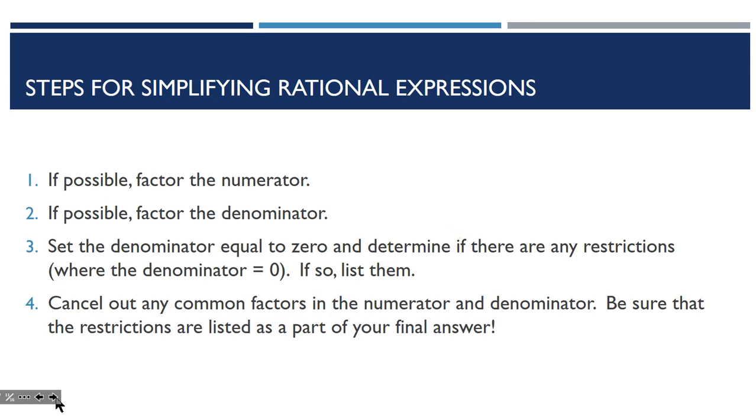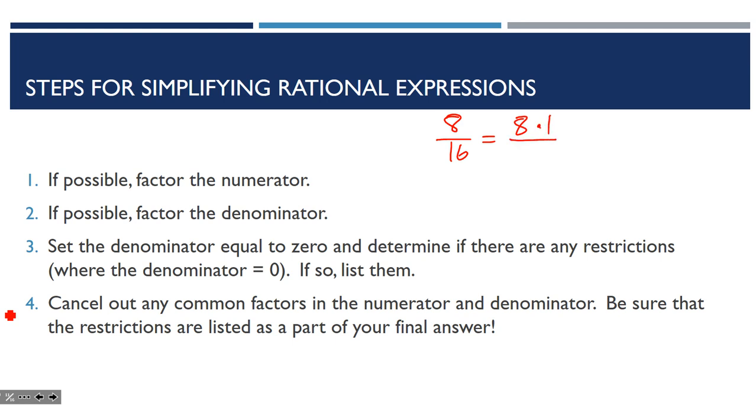So here are your steps, and I'm going to show you how we would follow those steps using the fraction 8 over 16. So step 1, factor the numerator. So 8 over 16, I could break that down into the factors 8 times 1.